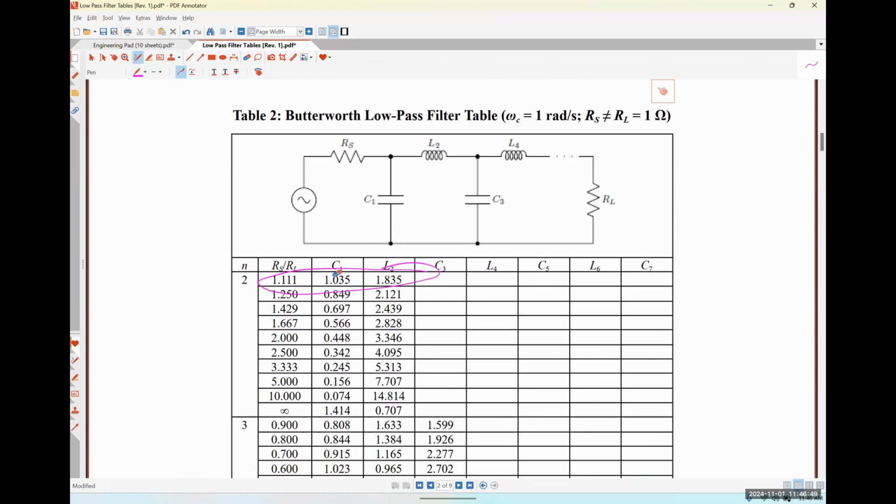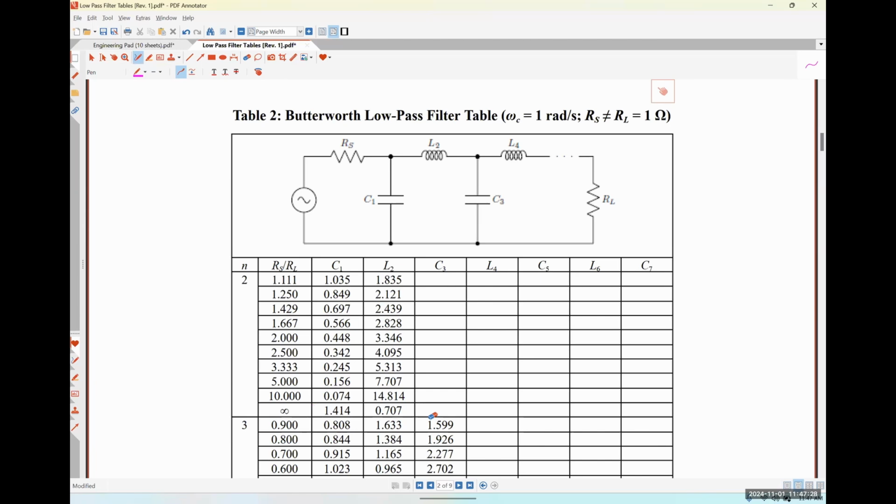If RS over RL is 2, we would use these. Looking at the table going down means that RS is always greater than RL. And if RS is much, much greater than RL, much greater than 10, we use this one down here. So if our source resistance is like 10 kilo ohms and our load resistance is like 5 ohms, use this one.